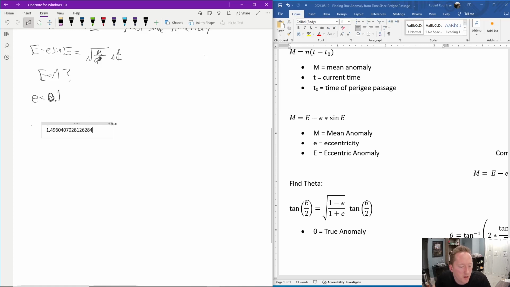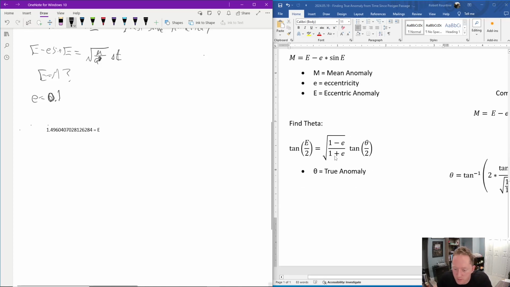All right, that equals E. Pretty straightforward. So now that we have E, we need to find our next equation, which is this one down here. Theta, that's our true anomaly, we're going to find from this equation.